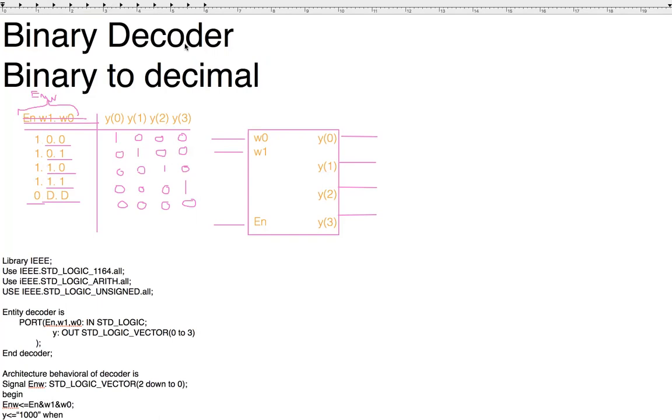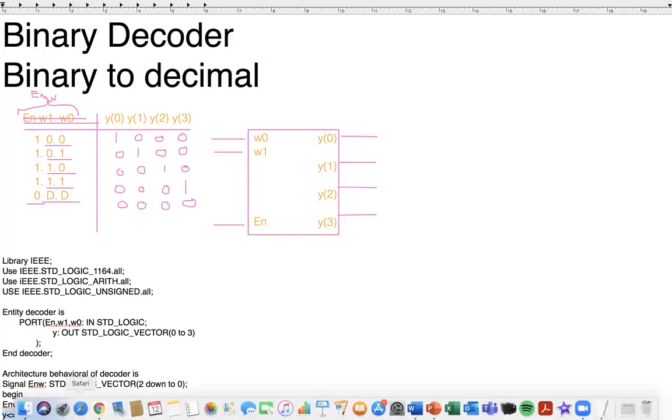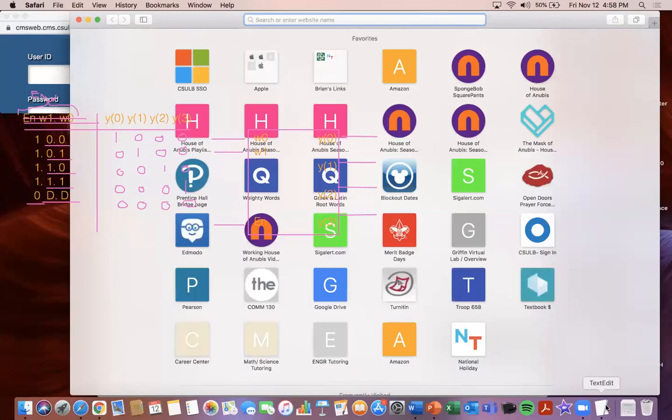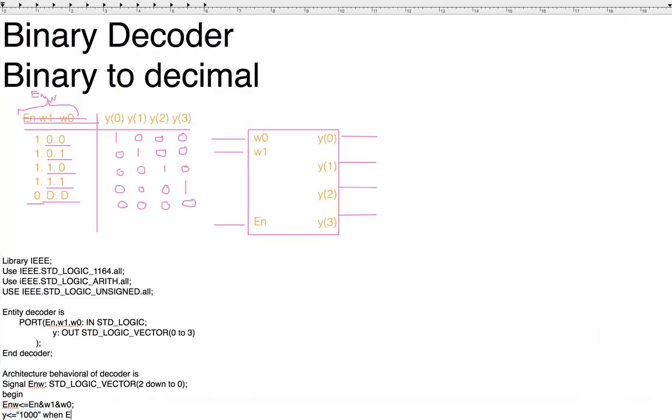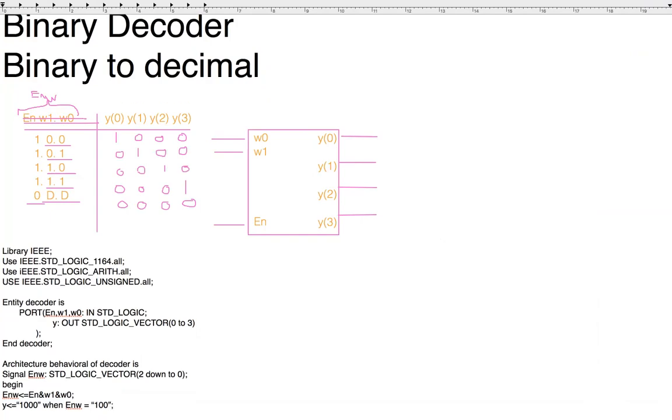So now we have to actually code those certain simulations. So Y, the output, is going to be 1, 0, 0, 0 when ENW is 1, 0, 0. When ENW is set equal to 1, 0, 0, Y is set equal to 0, 1, 0, 0 when ENW is equal to 1, 0, 1.